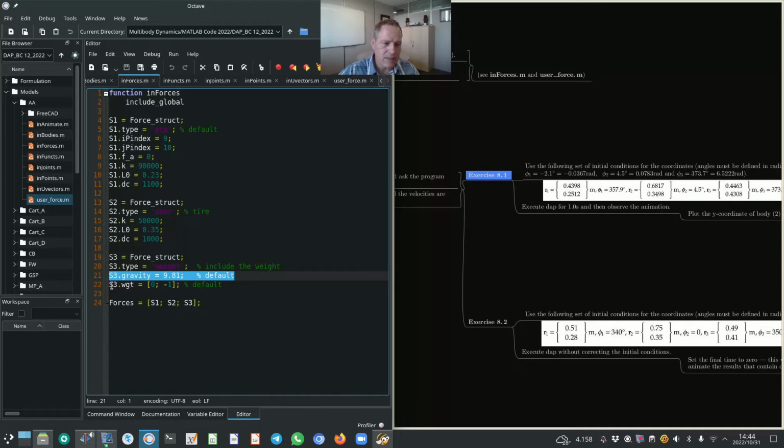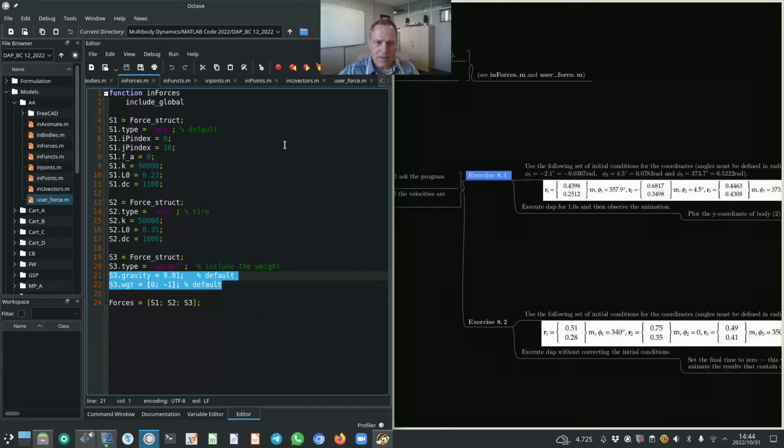And similarly, if you don't specify the direction of gravity as 0, -1, -1 being in the negative y direction as presented here, once again DIP will use that as its default. So strictly speaking, it is not necessary to specify these two parameters.